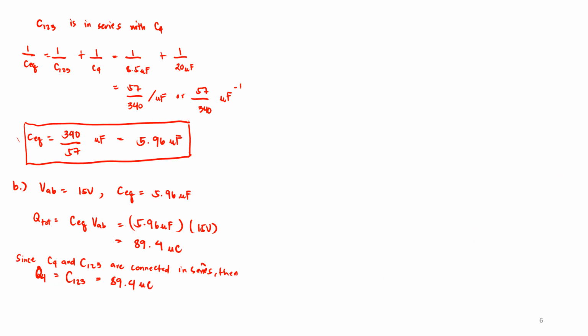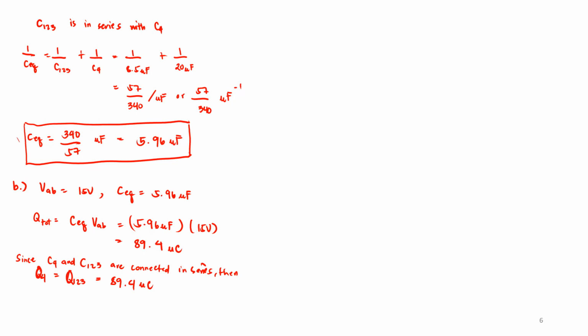Since C4 and C123 are connected in series, Q4, the charge on capacitor 4, is equal to 89.4 microcoulomb, and it is also equal to the charge on C123. So Q123 is also equal to 89.4 microcoulomb.